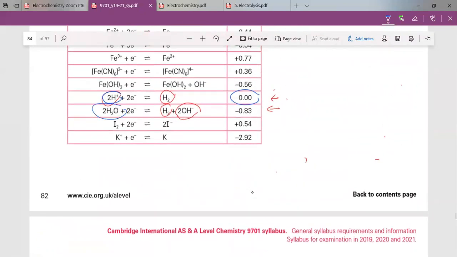Let's go forward. As I said, in this case it acts as an oxidizing agent, itself undergoing reduction, giving H2 and OH minus. Remember that there's an electrode value here, so you must look at all these values and at the equations here. They will ask you for equations as well.